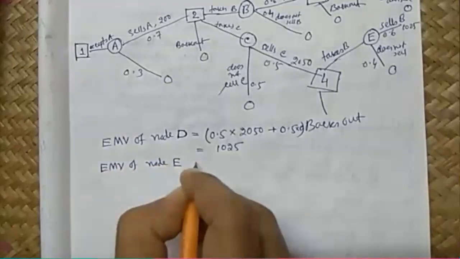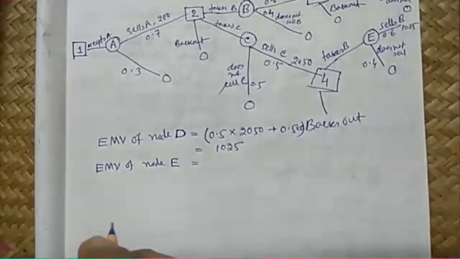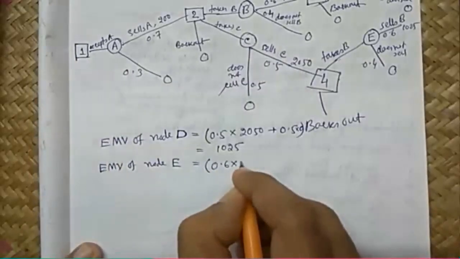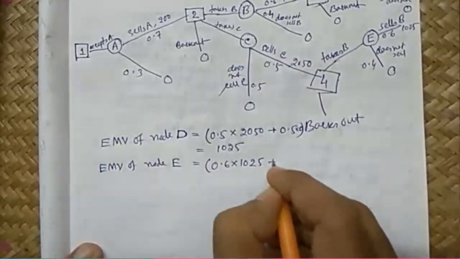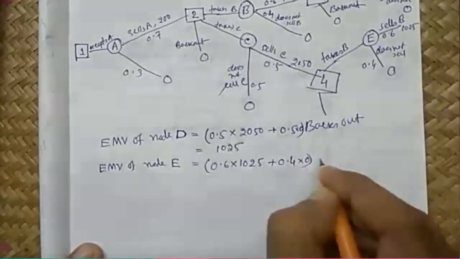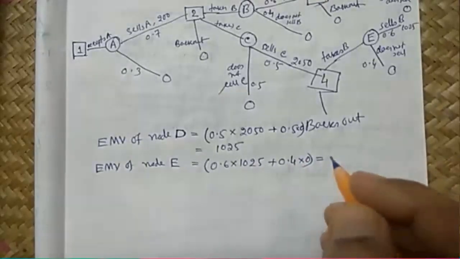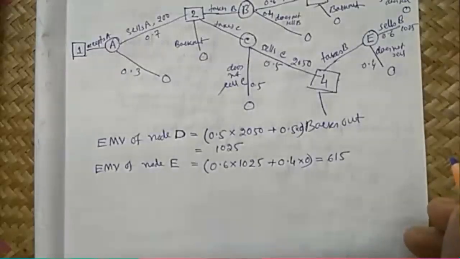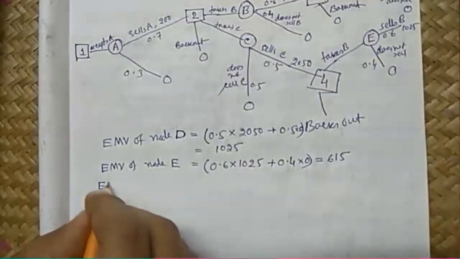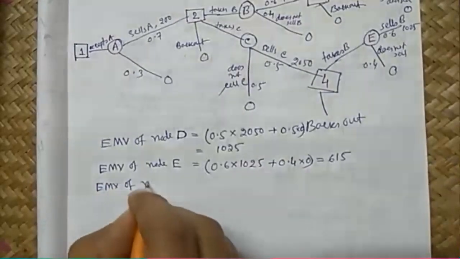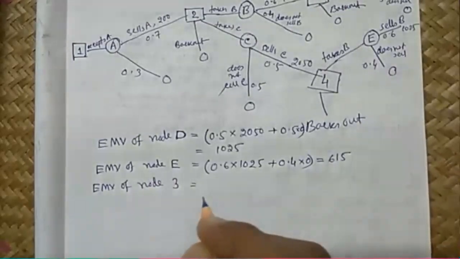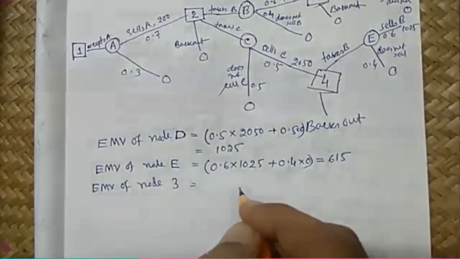Now EMV of node E. EMV of node E is equal to 0.6 into payoff 1025 plus 0.4 into 0, which gives us 615. Next, we move more left. EMV of node 3.